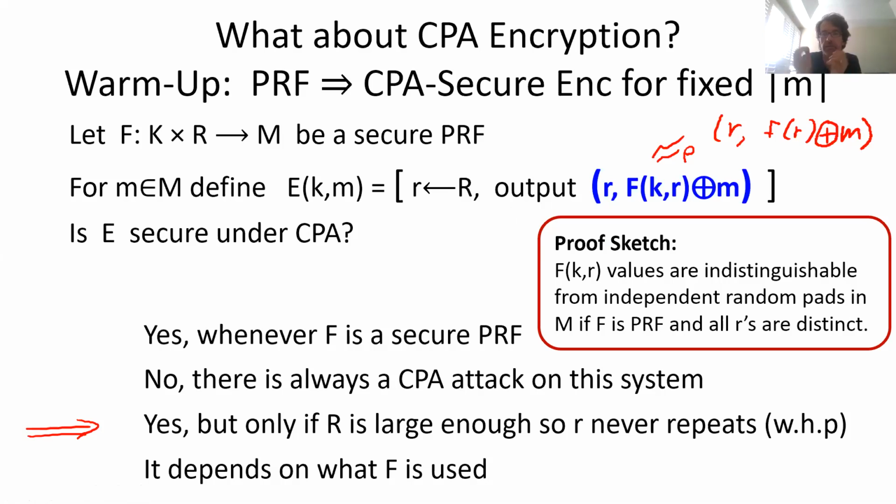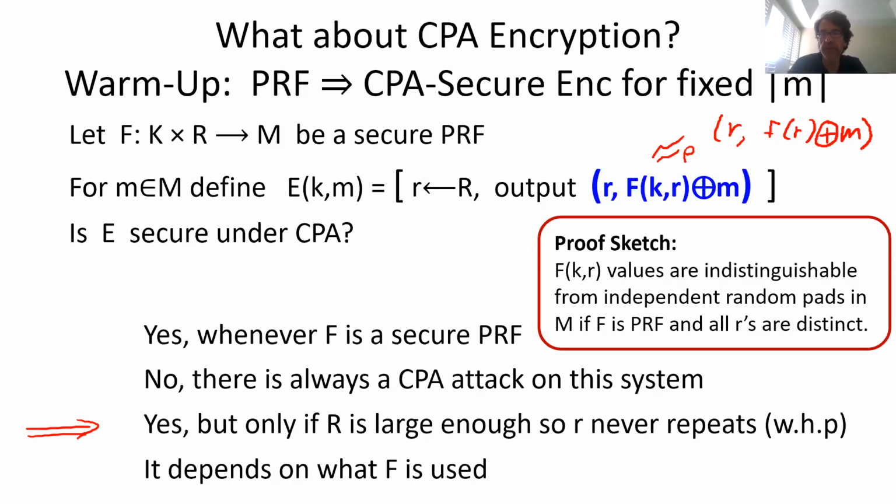Or otherwise, I can build a reduction that distinguishes talking to FK and talking to a random function. This reduction sort of follows from the reductions that we have seen. And you can also build it explicitly, if you like, and we can do this on a sheet of paper.